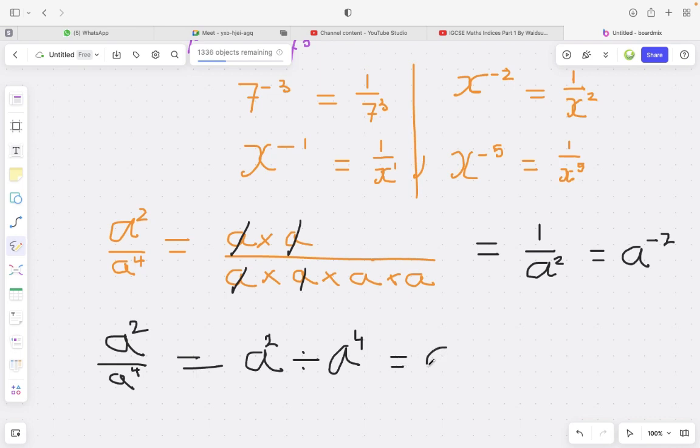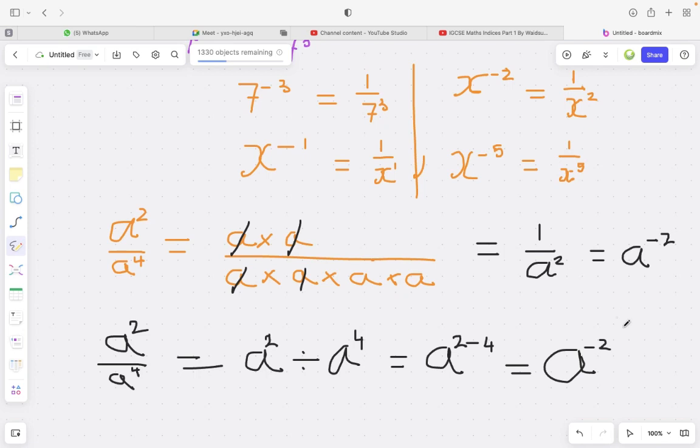Since the bases are the same, you take only one a and subtract the powers: 2 minus 4, which equals negative 2. So we have a to the power of negative 2, which is what we got previously.